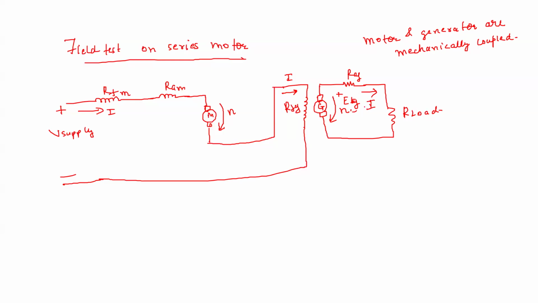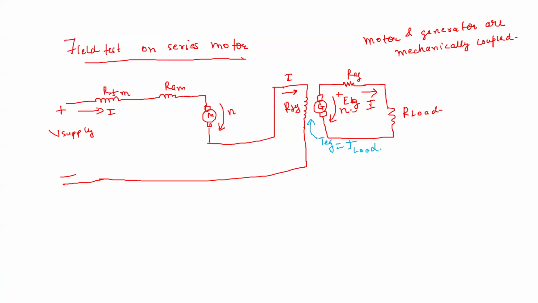Because of this EG into I, there is an electromagnetic torque. This electromagnetic torque is opposing the speed. This is basically the load torque. So the electromagnetic torque of the generator is the load torque, opposing the direction of speed.